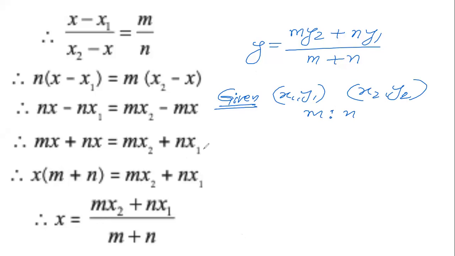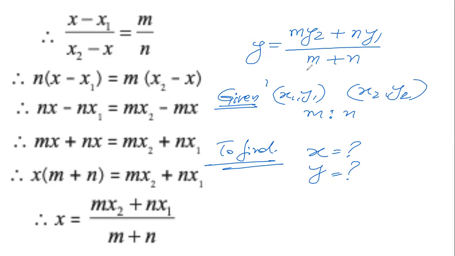What we are able to find is x and y. This is what we are doing. And another use of the same section formula is, if x1, y1, x2, y2, and x and y are given, then we will also be able to find out m and n. We will see that today.